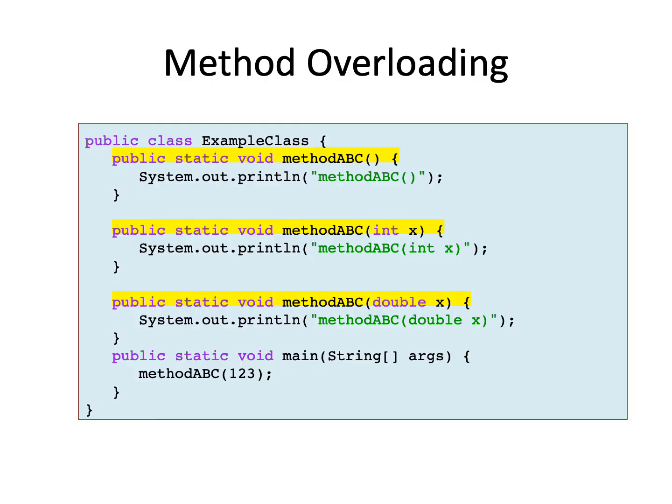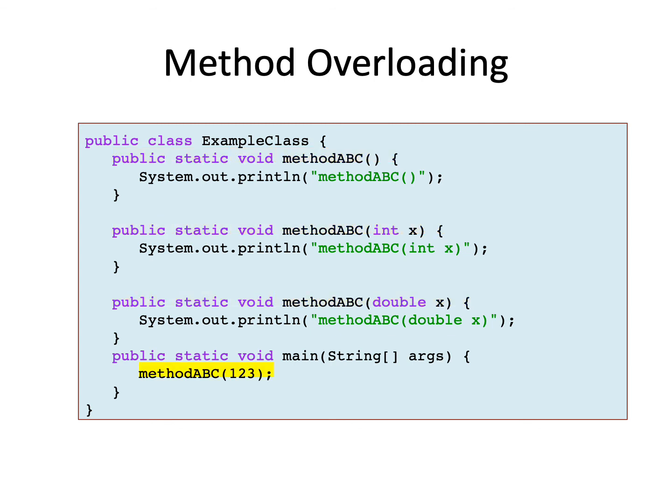Let's look at another example. Say that we have this code with three methods called methodABC. We have public static void methodABC() with no parameter, and then public static void methodABC(int x) and public static void methodABC(double x).